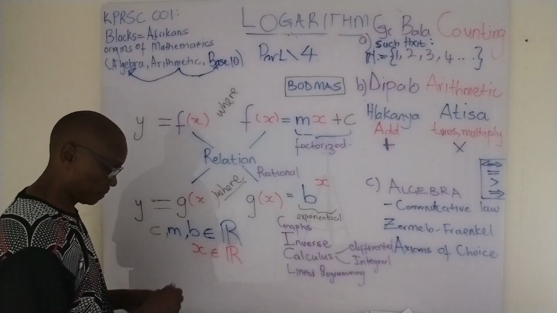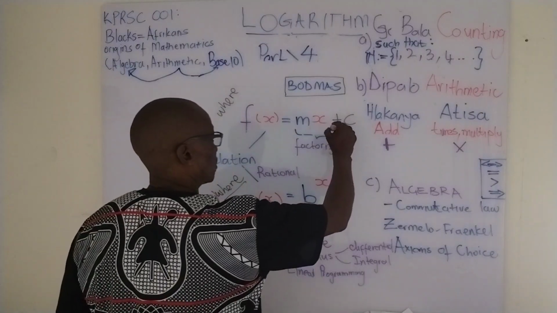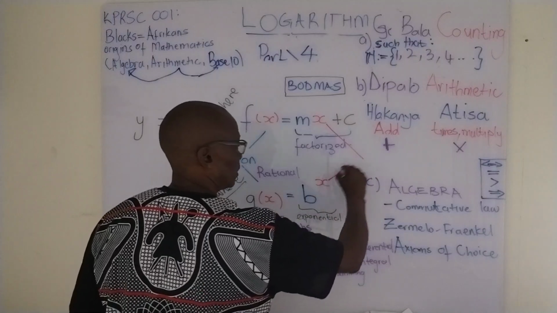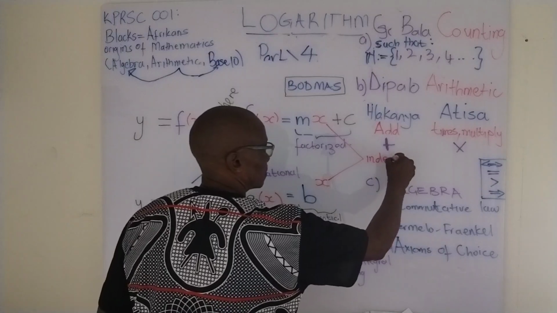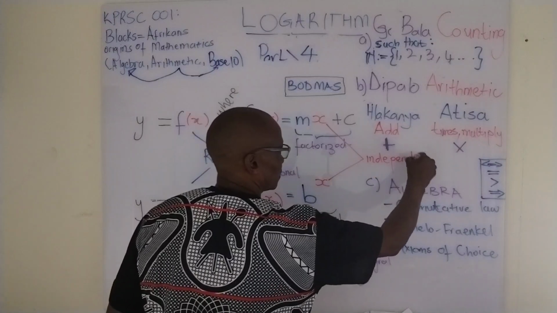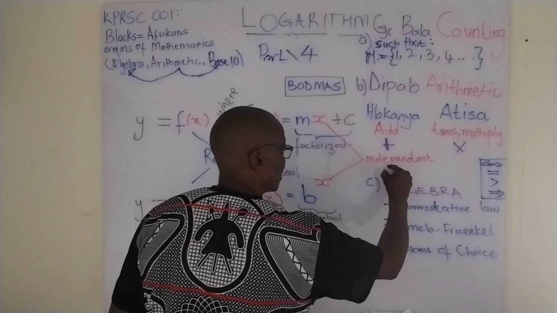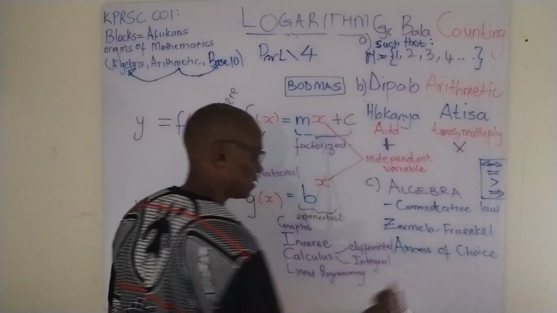So x will be called, don't worry, we'll delete this, we'll write them again, independent variable because it varies, it changes.